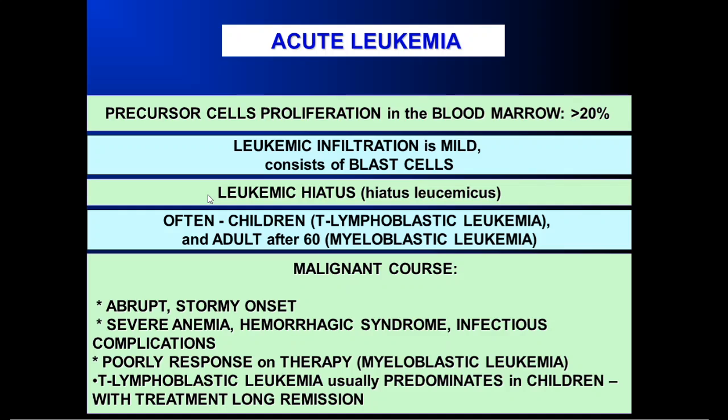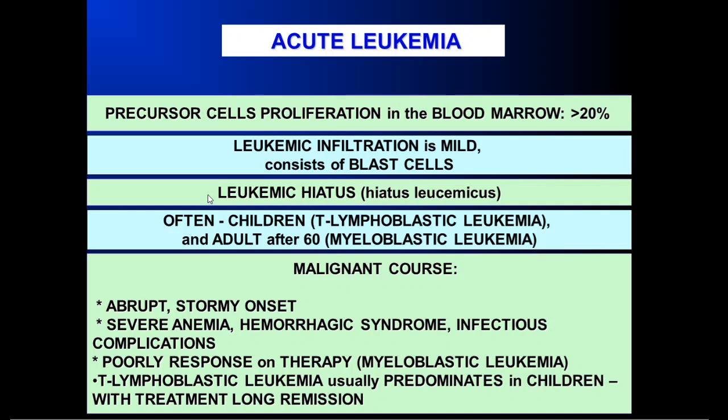That's it. So, and what do we have? We have some amount of matured cells, and our patient's bone marrow tries to produce new cells instead of dead cells, but there is no space for these cells to mature.